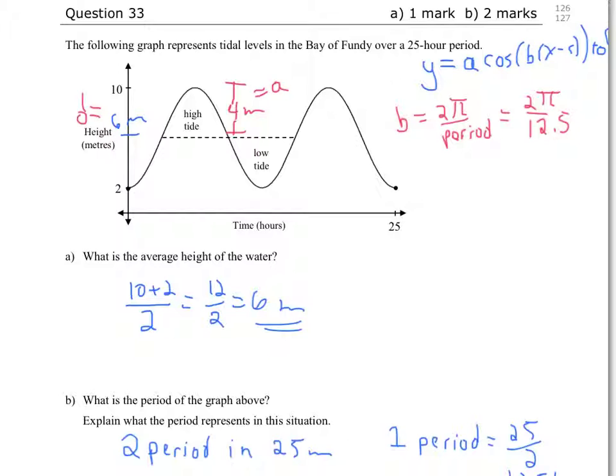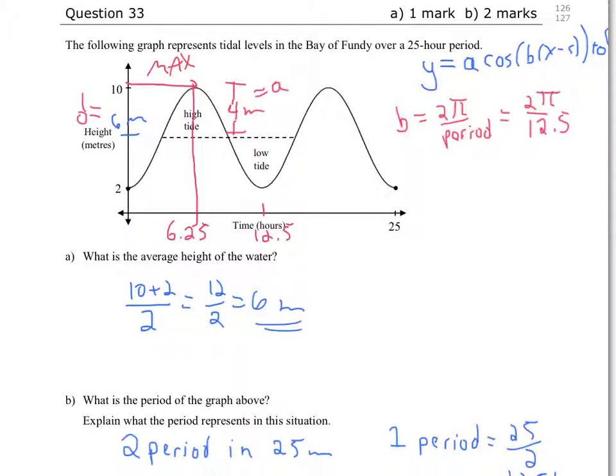Now the value of C depends on what trig function we're talking about. When we're talking about cos, it's how far has the maximum moved over. What is the shift of that max? This maximum is at 6.25, just half of 12.5.